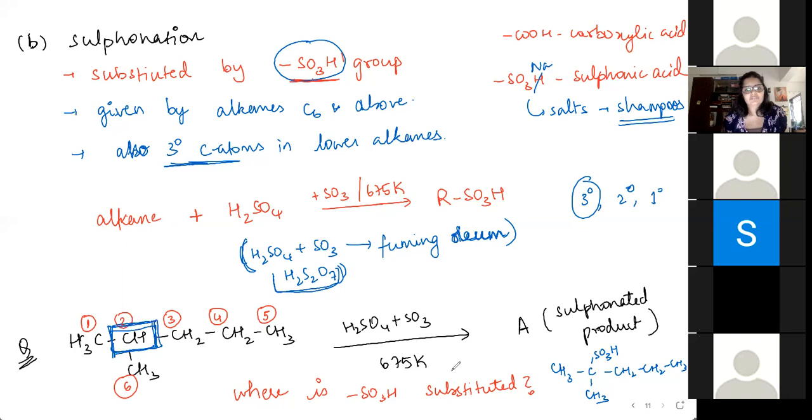Similarly, if we go one step smaller, I've given an isomer of hexane because this reaction usually you find in C6 and above. But if I were to do it in propane, between carbon atom 1, 2, and 3, where will the substitution most likely take place?